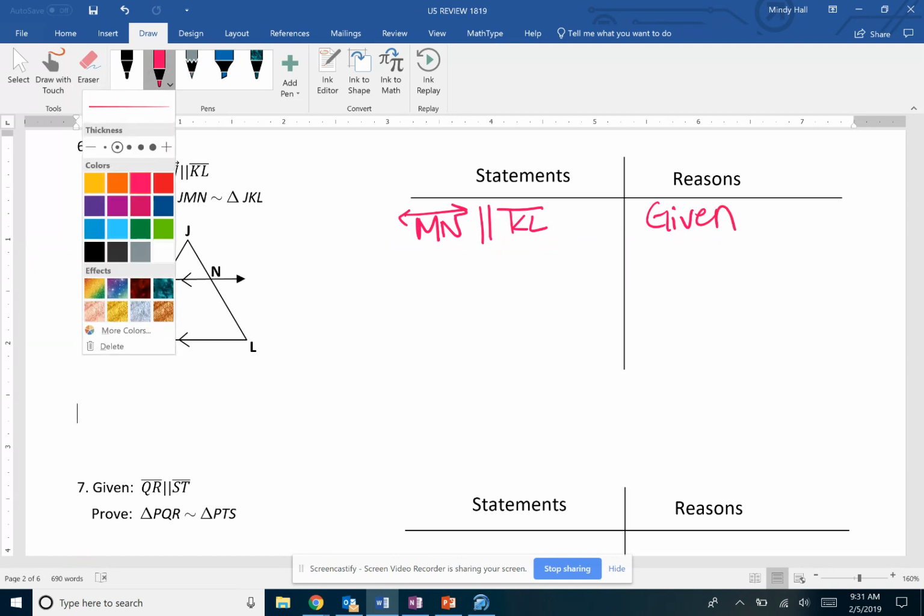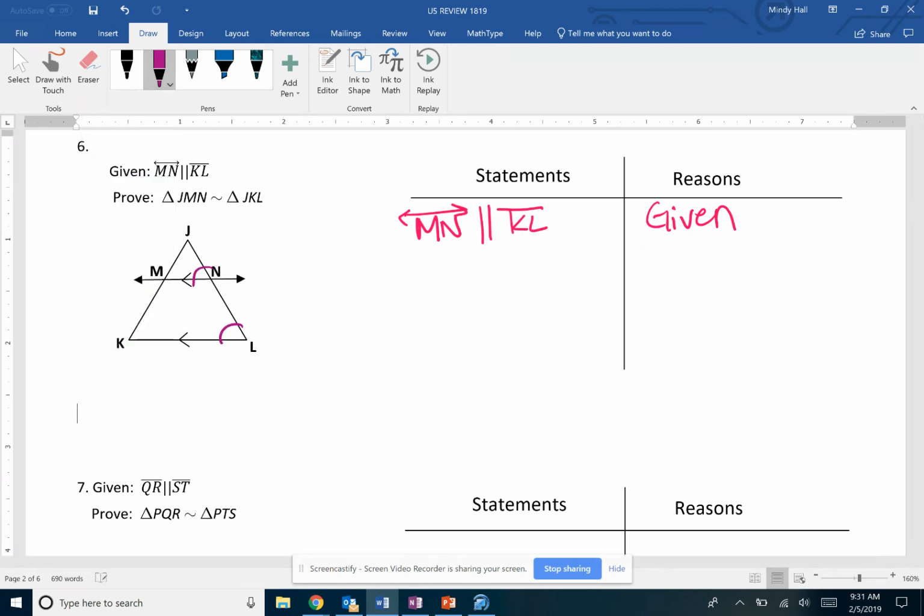So, then because these are parallel, I know that angle L is going to be congruent to angle N, well, JNM, because of corresponding angles. So I'm going to have angle JNM is congruent. And this is one of those times that you could, for angle L, just name it angle L, or you can actually put all the letters. So JLK.